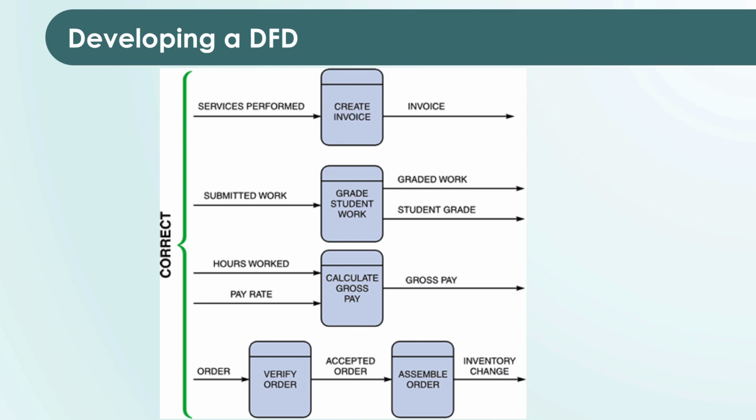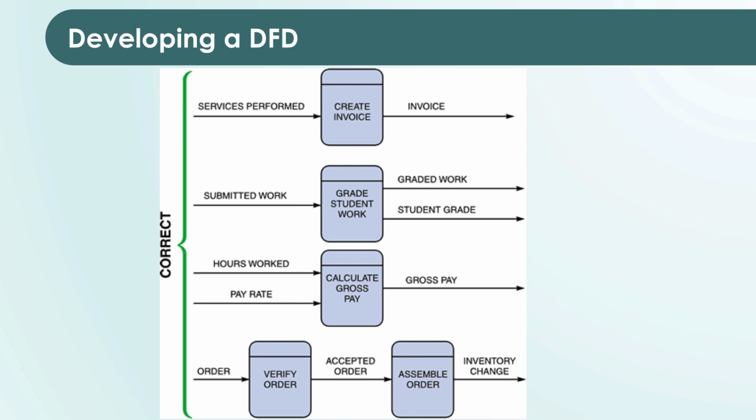So the output is the graded work, and also your lecturer can give you a grade, whether you get A, B, or C. So in this situation, the process of grade student work can produce two types of output from one input, that is submitted work.